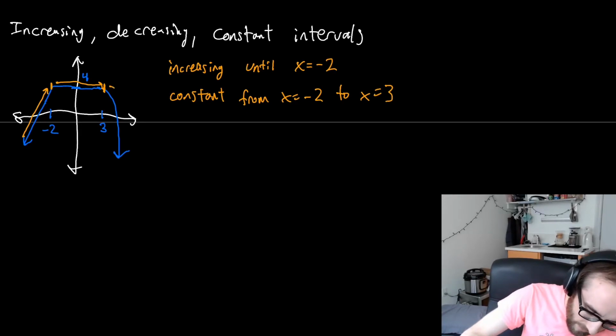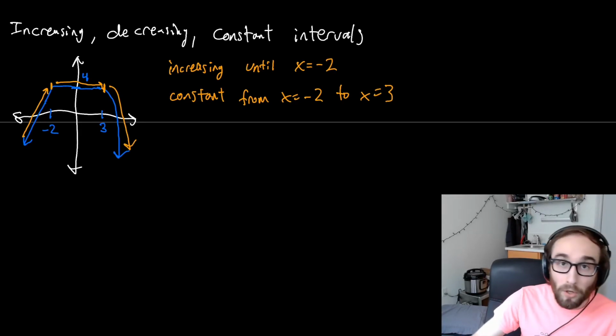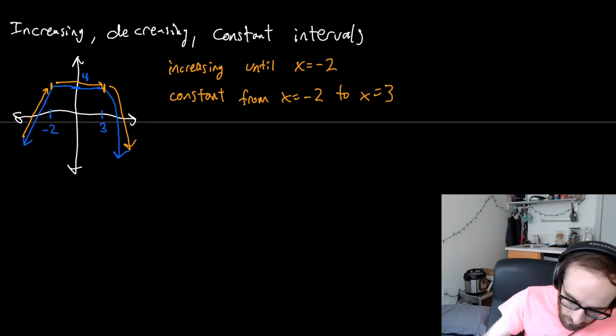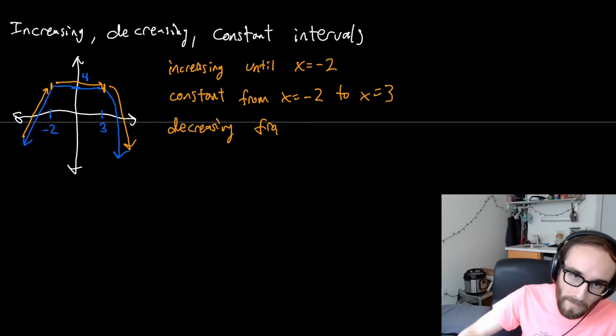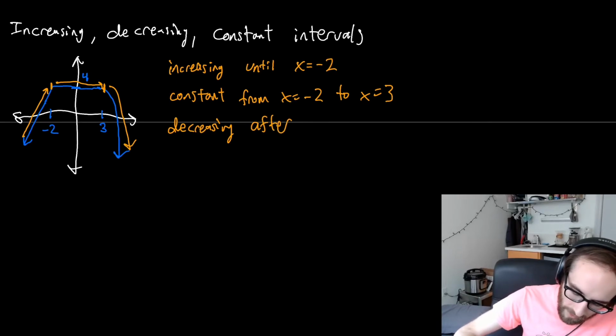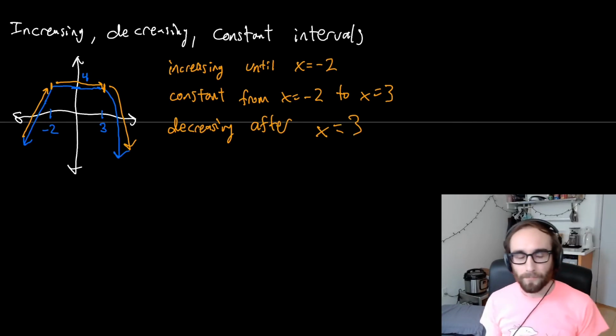Finally, the output values are getting smaller and smaller, or more and more negative, as we go to the right from 3. So our graph is decreasing after x equals 3.